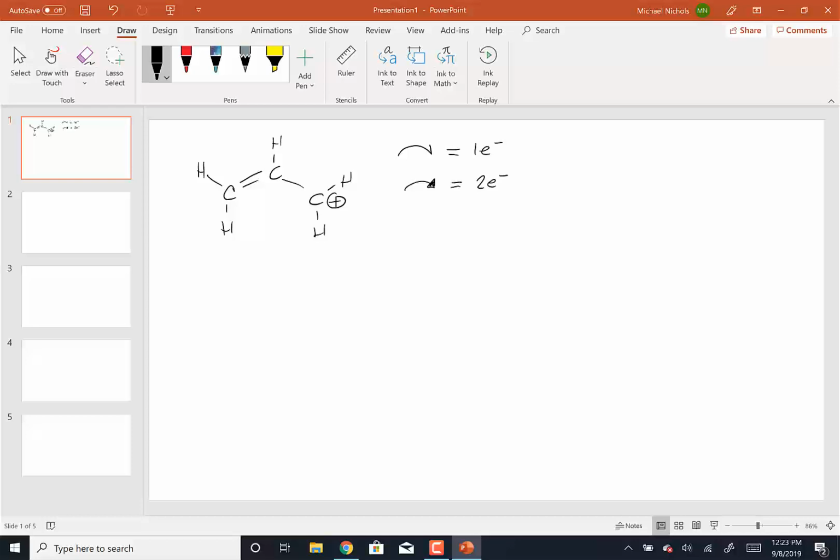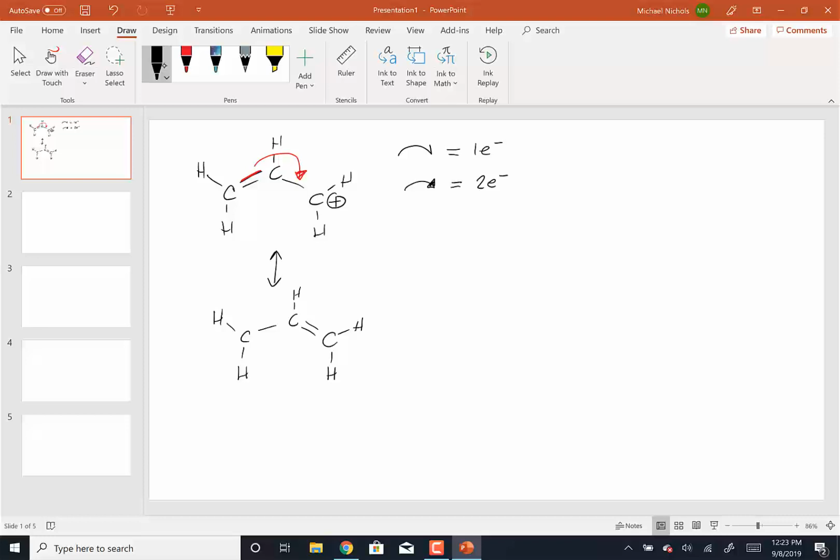So in order to draw the resonance structure of this carbocation, I'll take the 2 electrons in that bond and move them over here to form the center-right carbon-carbon double bond. Both of those electrons are moving, which is why it's a full-headed arrow. If I do that, I end up with the double bond between the center carbon and the right-hand carbon.